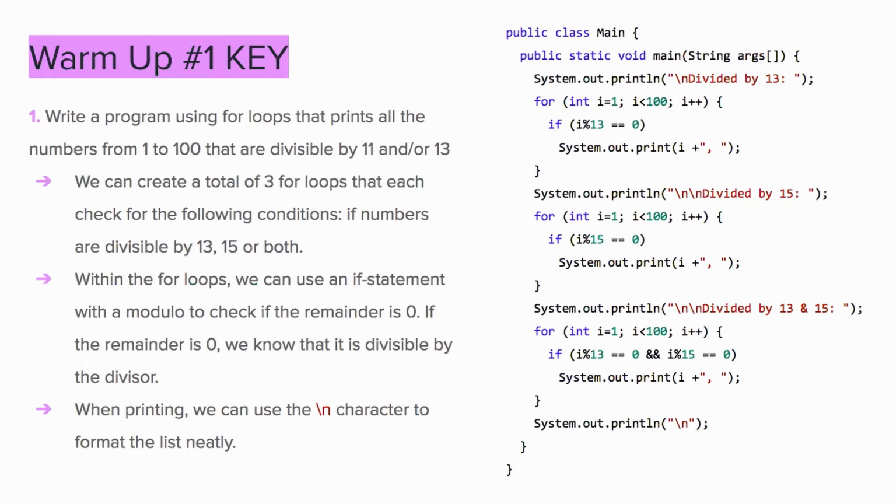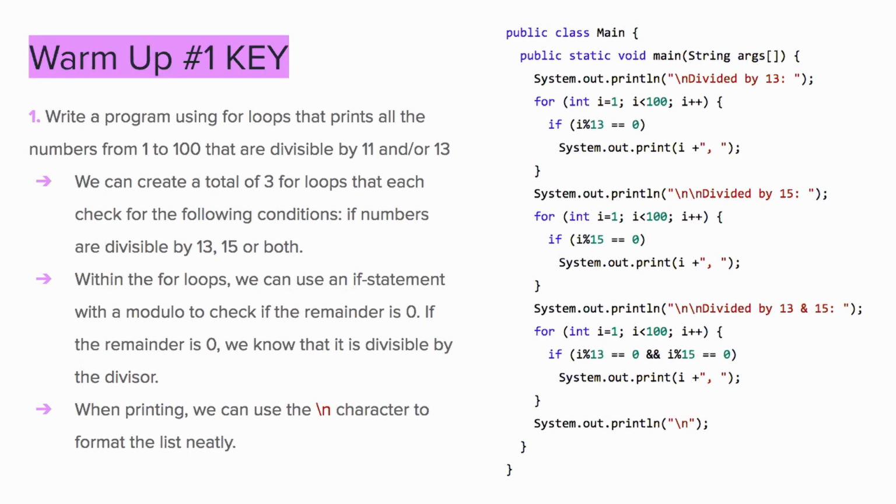The question asks us to use for loops that print all the numbers from 1 to 100 divisible by 11 and or 13. To do this, we can create a total of 3 for loops that each check for the following conditions: if numbers are divisible by 13, 15, or both. Within each for loop, we can use an if statement with a modulo sign to check if the remainder is 0.